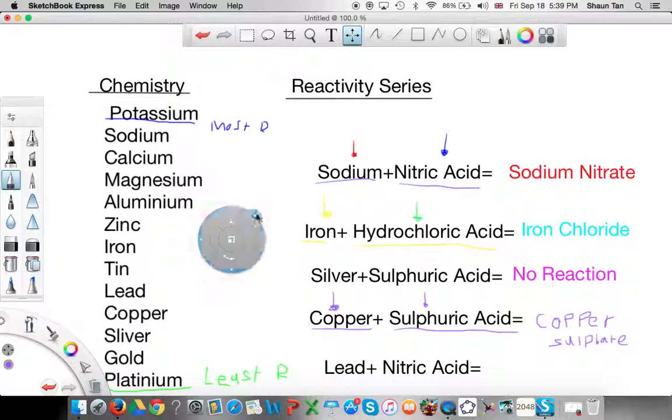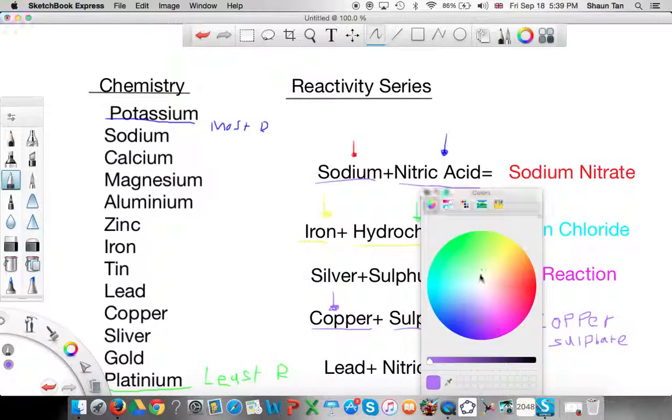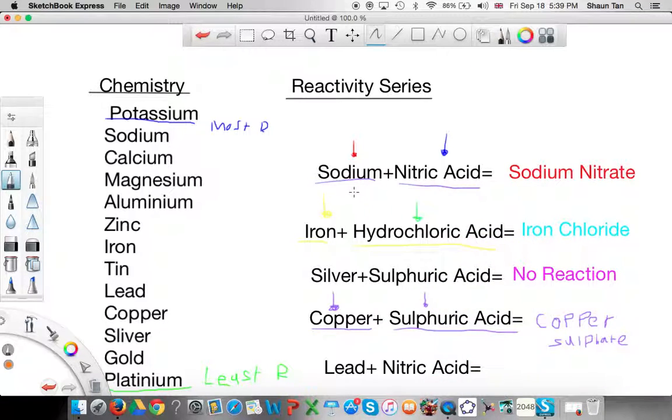Now, once again, we look at the reactivity series, and we see where lead is. Lead is here. So it will be lead. It will be the first word because it is the metal we used, and the nitric acid, however, will be the acid used.